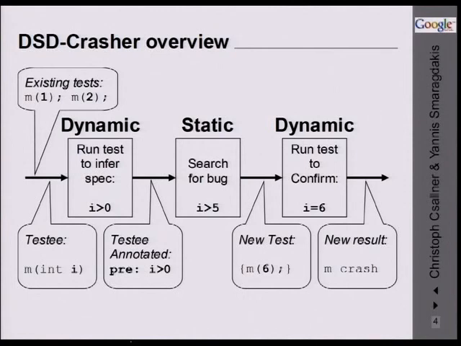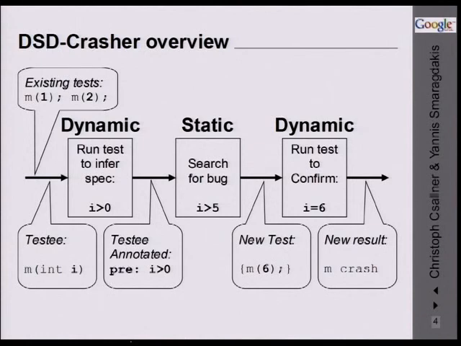And we infer that specification: i is bigger than 0. Then we annotate your original program with that specification and feed the annotated source code into the static analysis system. The static analysis system will do its analysis, and it might come up with the result that there might be some problem if you feed in input that is larger than 5. That's the result of a static analysis tool.